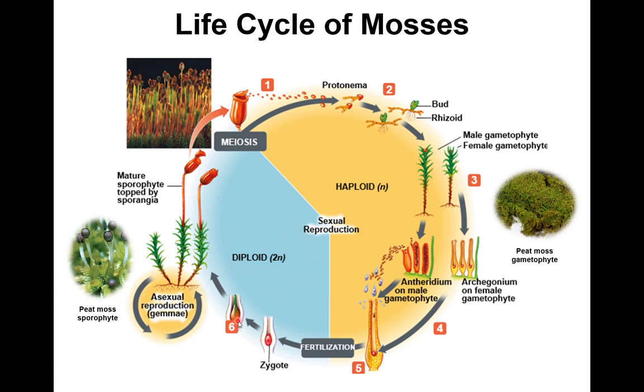This will start growing inside the archegonium and producing this long structure here, which on the top will produce the capsule, which is ultimately what we call the sporangium, or sporangia for many of them, the structure where by meiosis the spores are produced. They get released into the ground, forming first what we call a protonema, a few-cell organism, which then will grow into, again, the gametophyte.